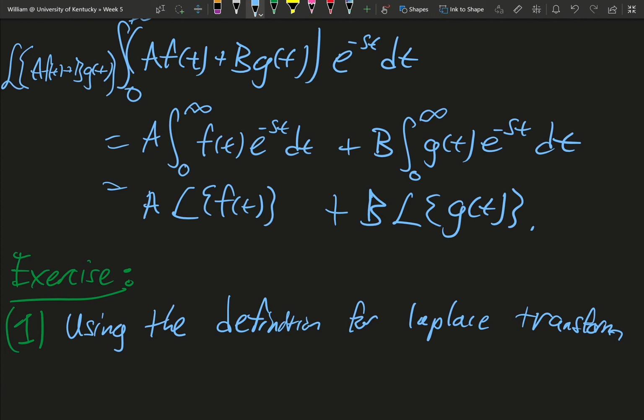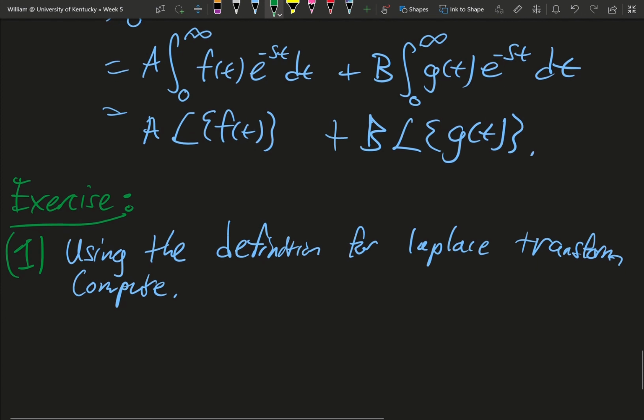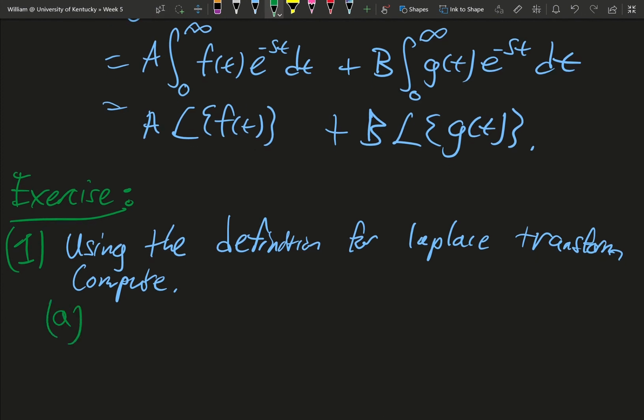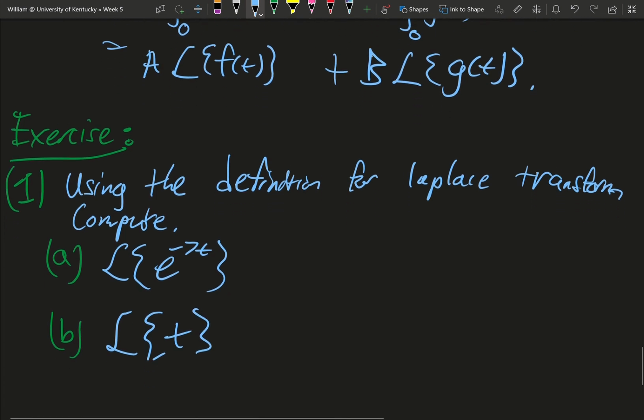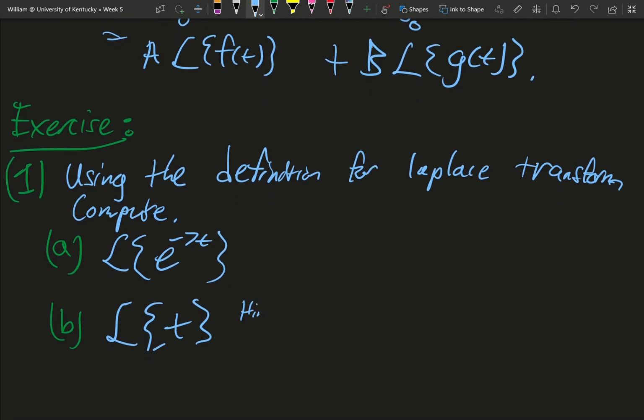So using the definition for the Laplace transform, compute the Laplace transform of e to the negative 7t, and the Laplace transform of t. For this one, you're going to need to do integration by parts, but it's pretty straightforward.